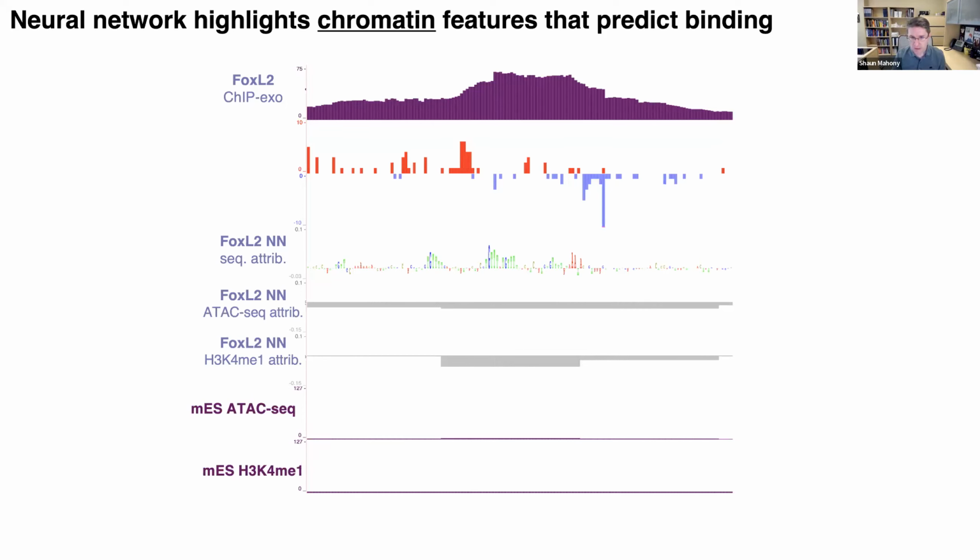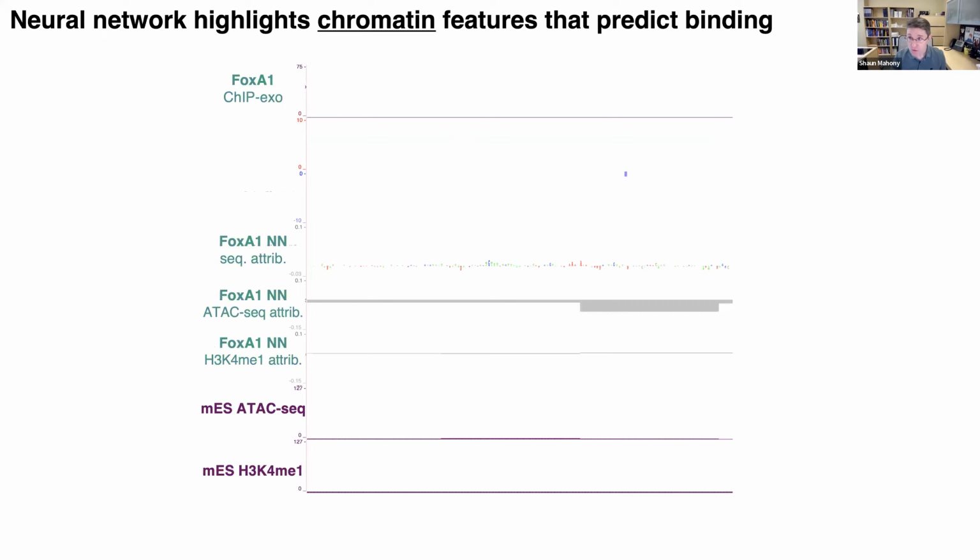FOXA1 does not bind this site, but it's really not affected by this lack of ATAC-seq or K4 monomethyl either. It's really more down to the fact that there's not the preferred motif instance at these sites, the TG-TTT-AC motif that FOXA1 likes to bind. So that's why the neural network is not making a strong prediction of binding at this site for FOXA1.